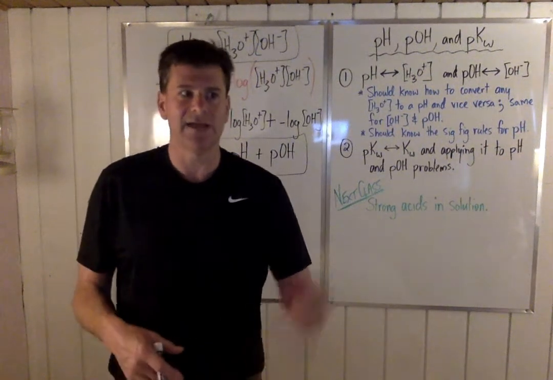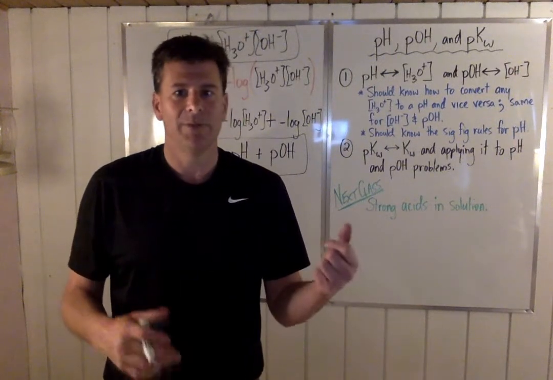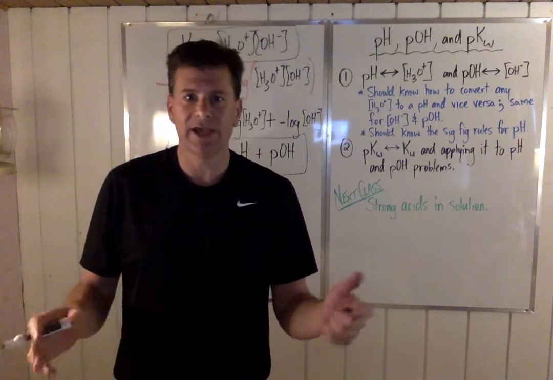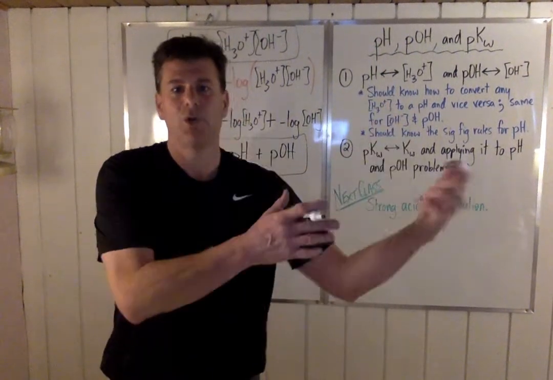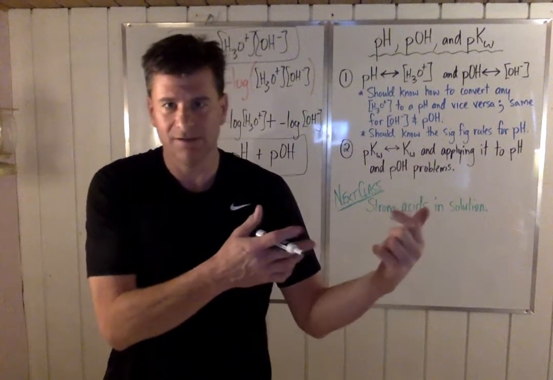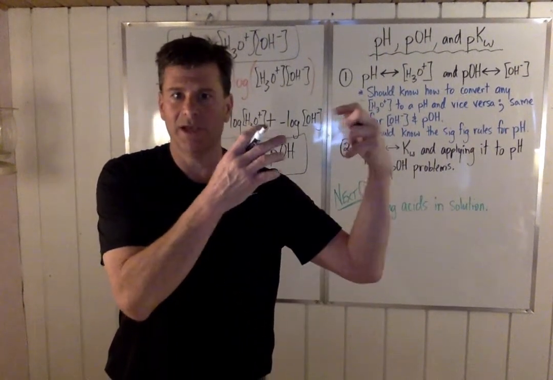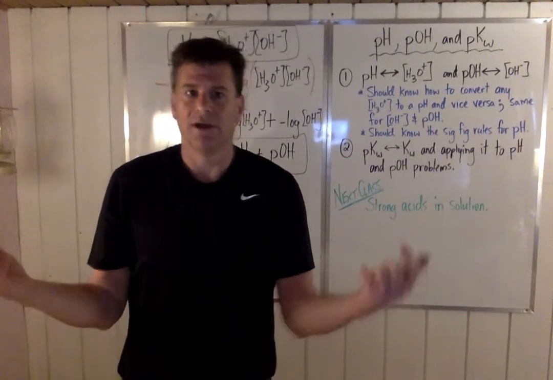A pH, a pOH, a pKw, a P-whatever means that it's just the exponent, with the sign switched. So 10 to the power of negative 14 means the pKw is just 14. That's all it is. Have it in your head.